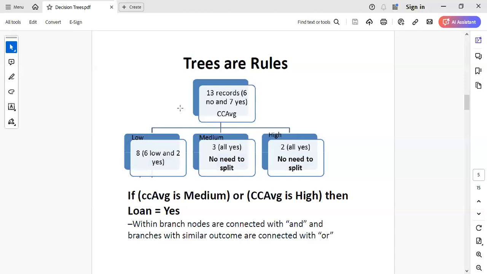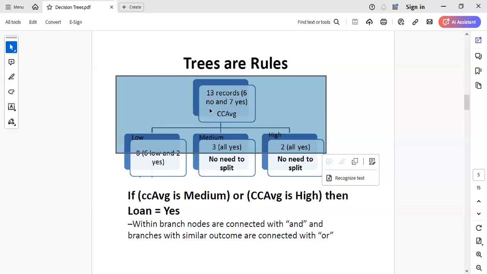The first rule or branch is, if CC average is equal to medium, then personal loan is equal to yes. The second rule says if CC average is high, then loan is yes, because medium and high are both yes.